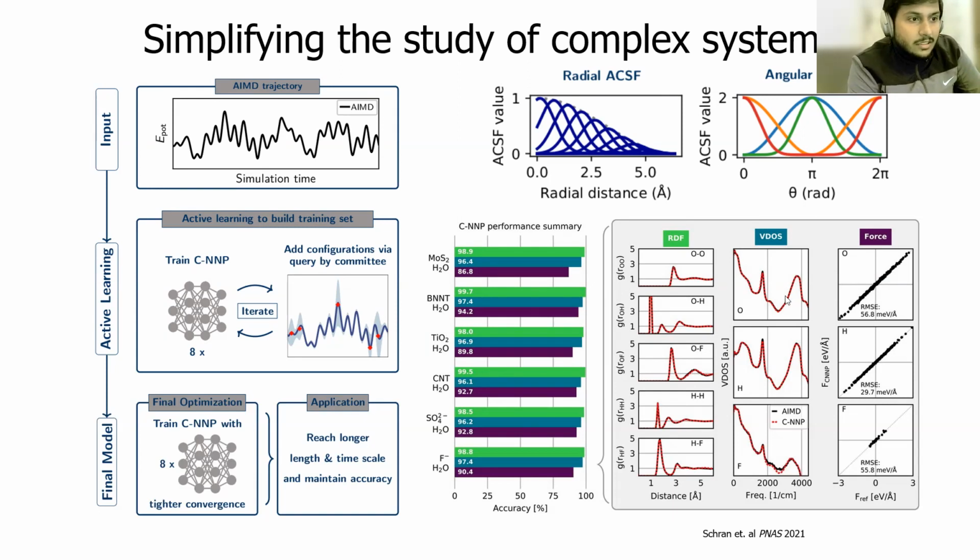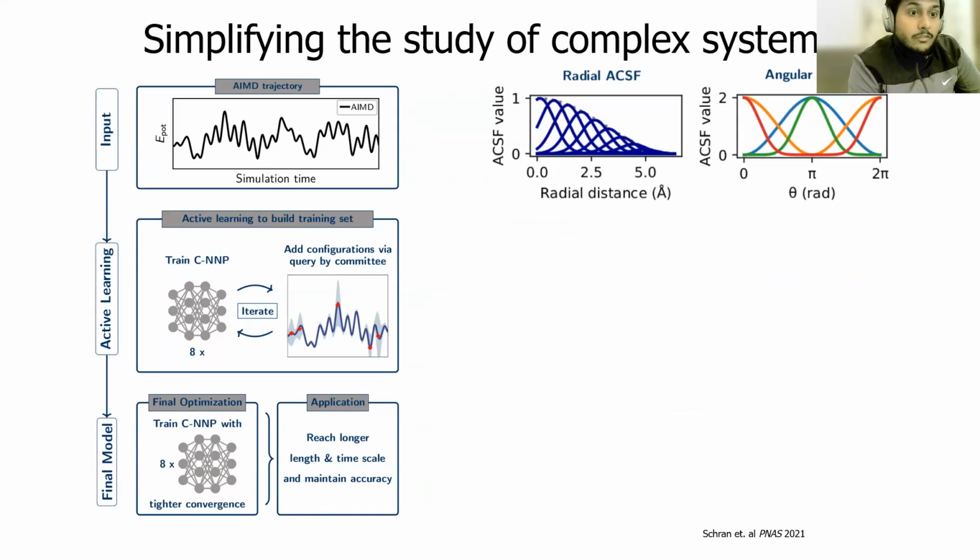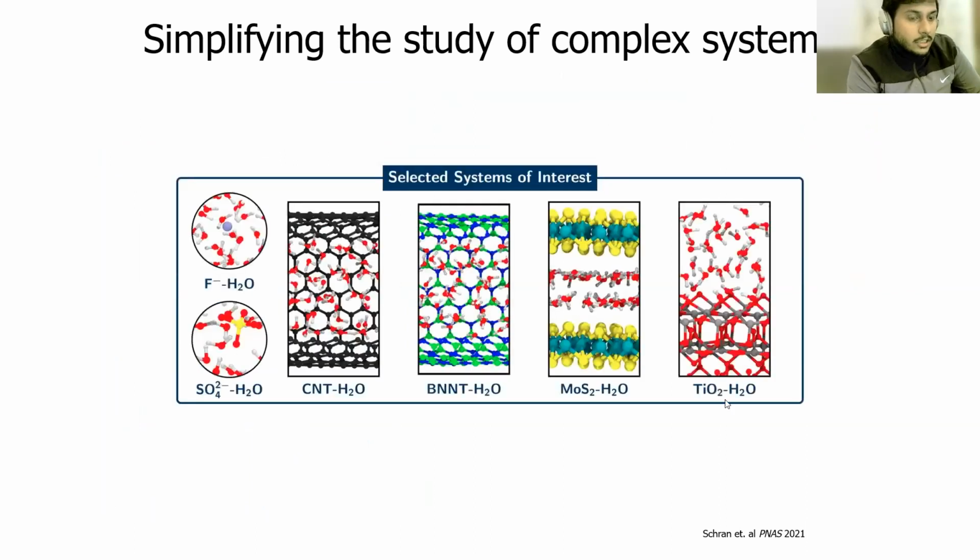And as you could see, a very simple approach and a good implementation is the key to really being able to study a lot of really complicated systems, which were not possible before this. And just to be clear, the entire spectrum of systems includes, let's say, a fluoride atom in water, sulfate in water, carbon nanotubes, boron nitride nanotubes, confined water between them, as well as water on a titanium dioxide surface where it could potentially react as well.